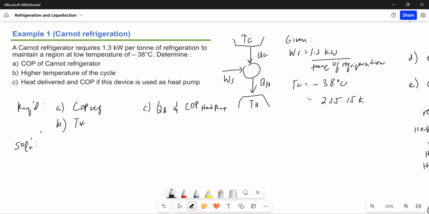Before we proceed with the problem, let's define first what a ton of refrigeration is.